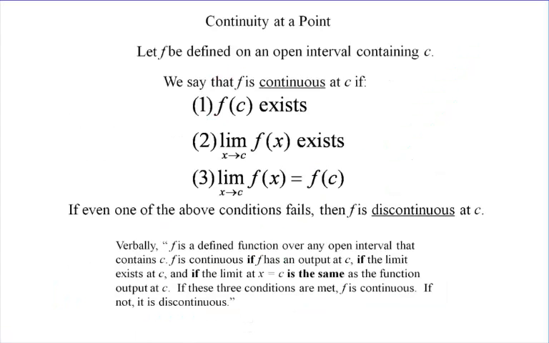And here are the 3 conditions. When we talk about is this function continuous at a certain value of x, here we're talking about where x equals c. Let f be defined on an open interval containing c. We say f is continuous at c if these 3 conditions are met.